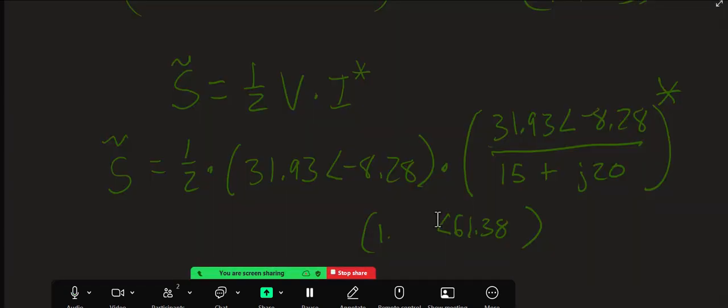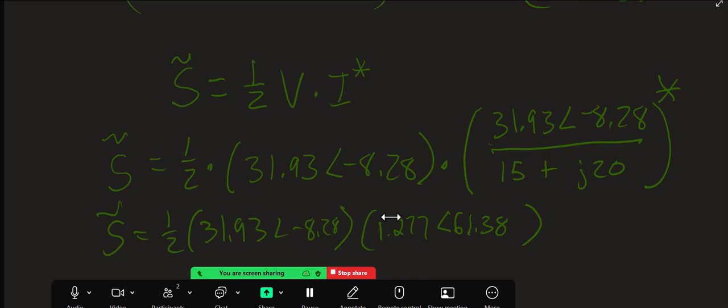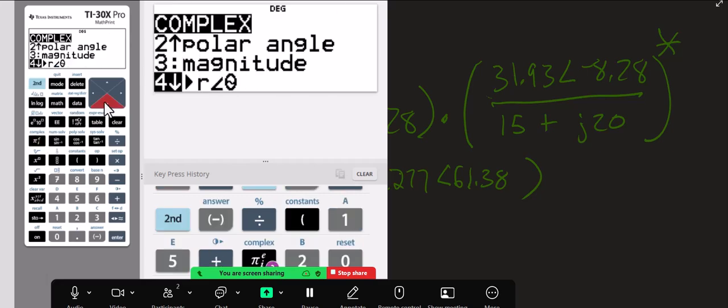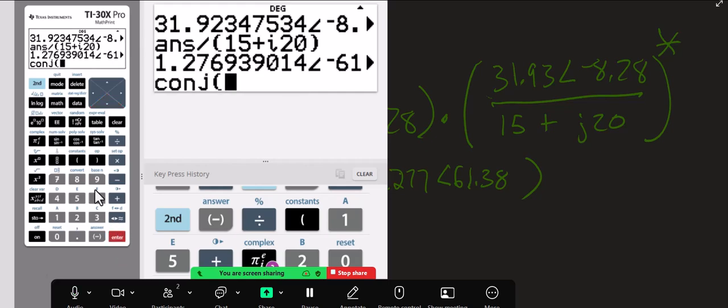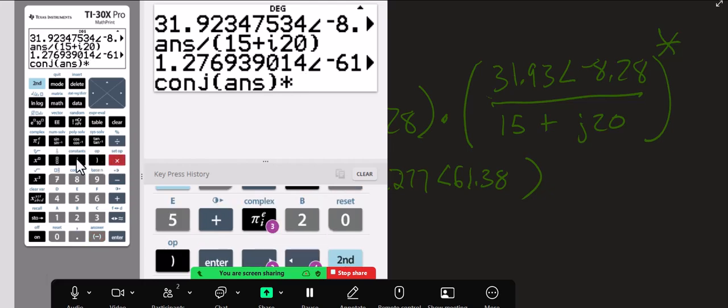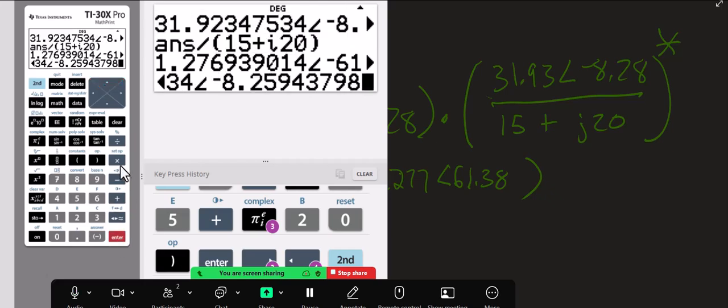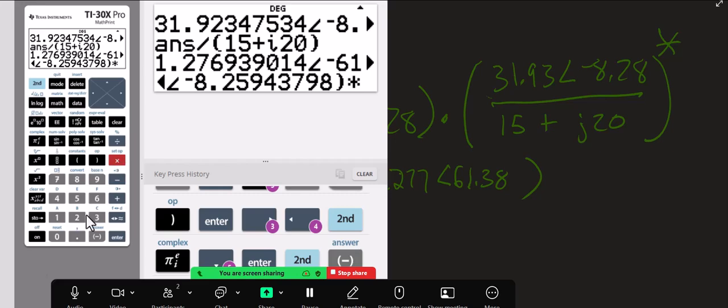So now I'll take the conjugate of that answer times that voltage from before times 1/2.